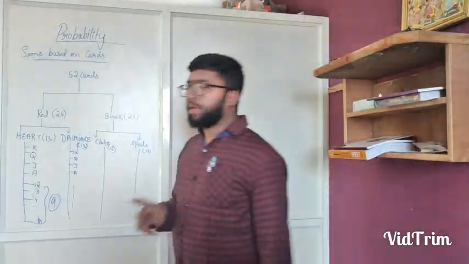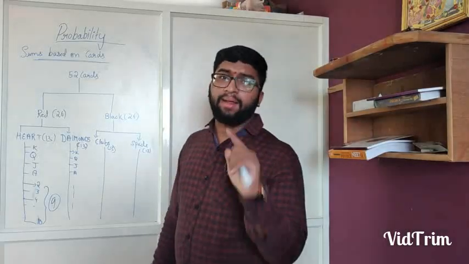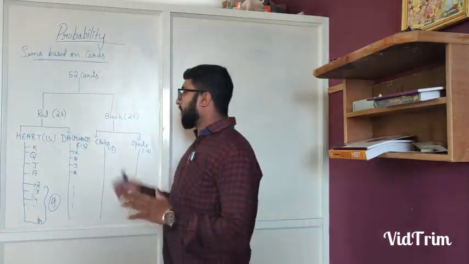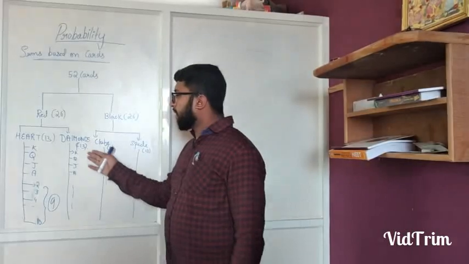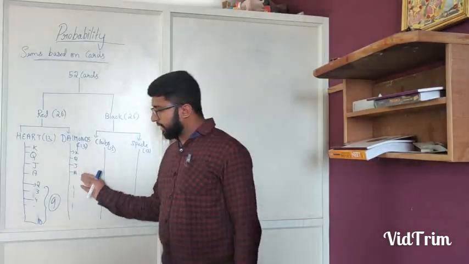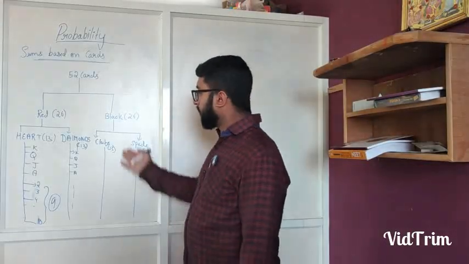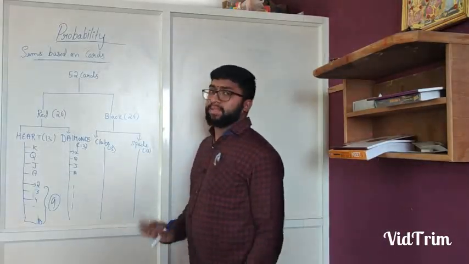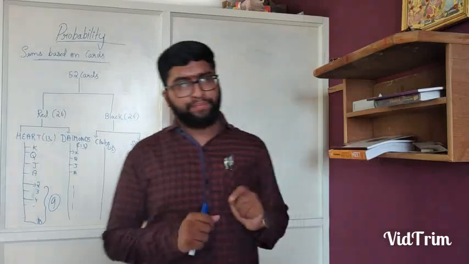Remember, you will be having only 9 number cards. Diamonds also have a king, a queen, a jack, and an ace, and 9 number cards. Similarly in the clubs, similarly in the spades. This classification you should know.